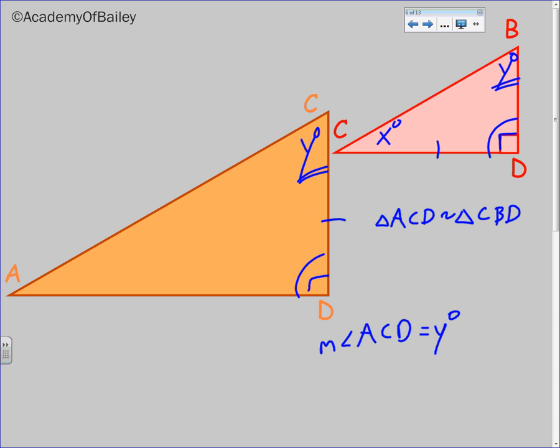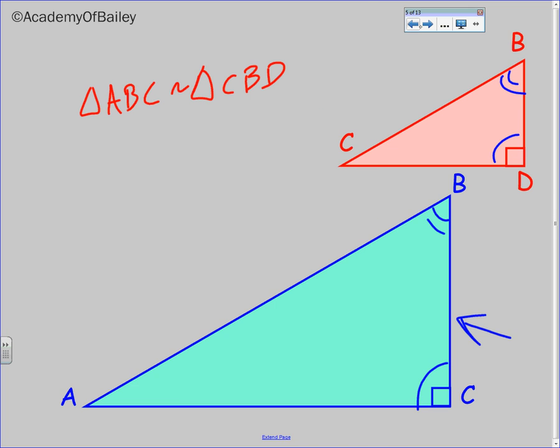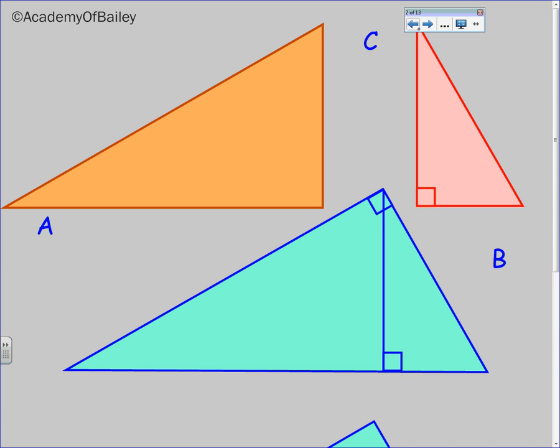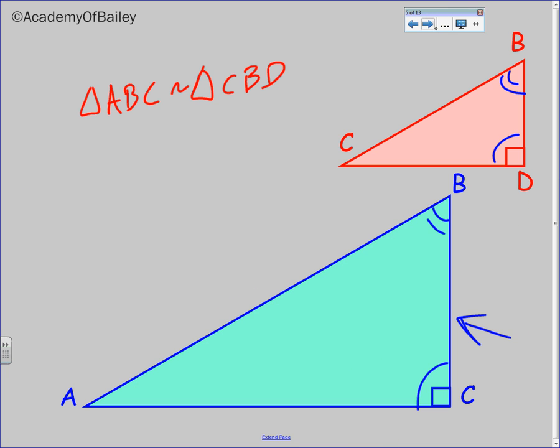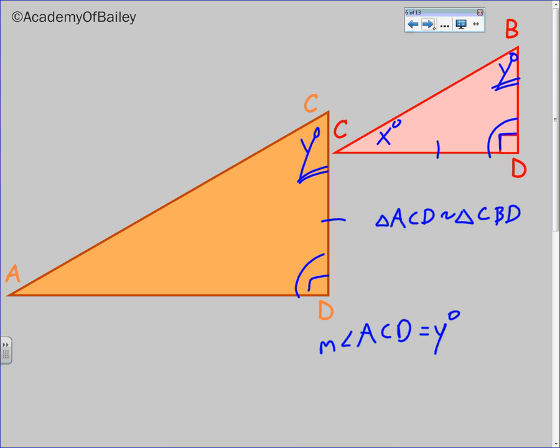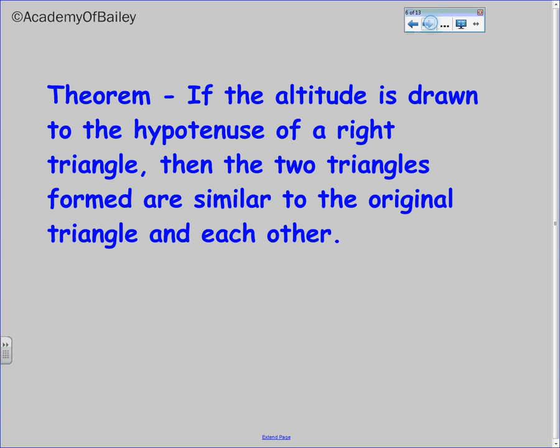Kind of interesting. And so from here, going back to what we had at the very beginning, now that you know that all three of these triangles are similar, then of course you can figure out which angles are congruent. You can find some missing measurements and things like that. Well, that's what we're going to be working with. We've just proven this theorem right here.